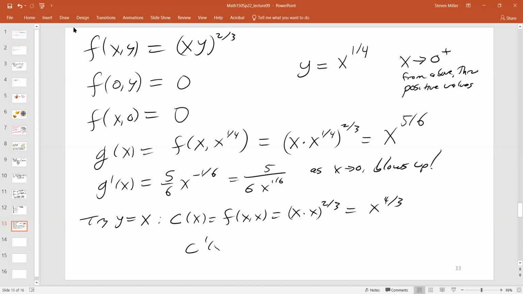So what's c prime of x going to be? Yes. 4/3 x to the 1/3. It's well defined. So along this path, everything is okay.